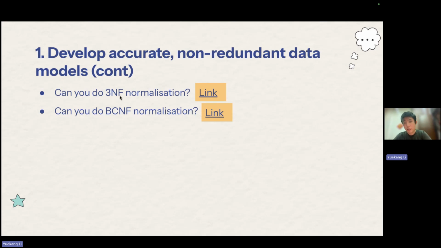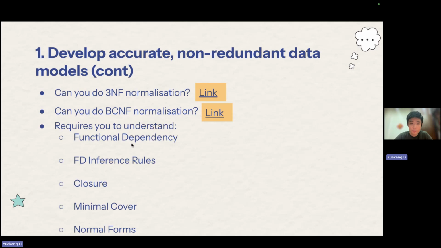In order to do these normalizations, you will need to understand some other key concepts. For example, you will need to know what functional dependencies are. If you don't remember, you should click this link and go through the previous slides. You should also know the inference rules for functional dependencies.